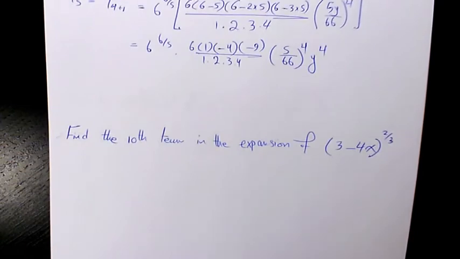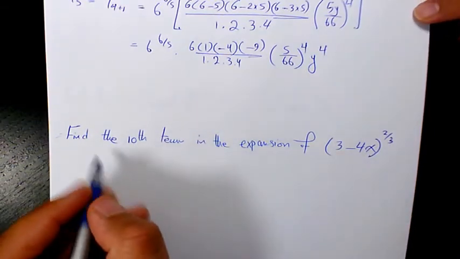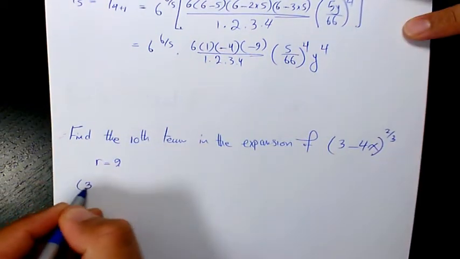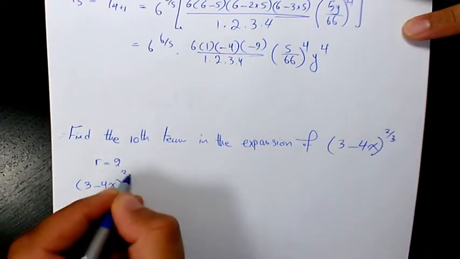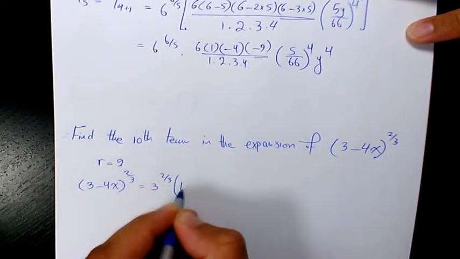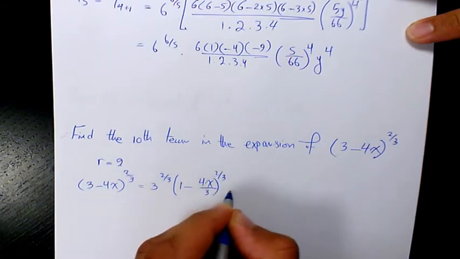Find the 10th term in the expansion of 3 minus 4x to the power of 2 over 3. So when we say 10th term, it means that r is 9. 3 minus 4x to the power of 2 over 3 is going to be 3 to the power of 2 over 3, 1 minus 4x over 3 to the power of 2 over 3.